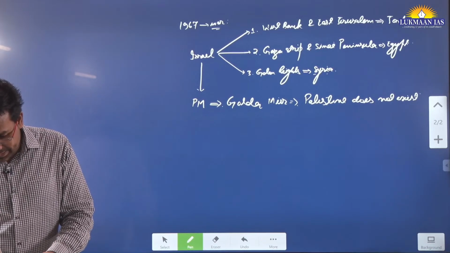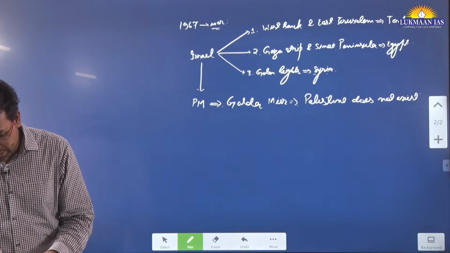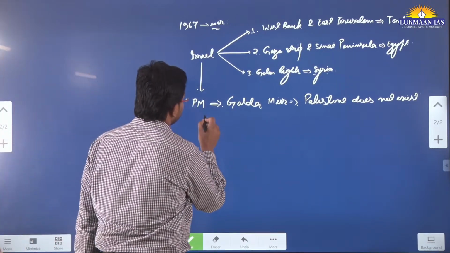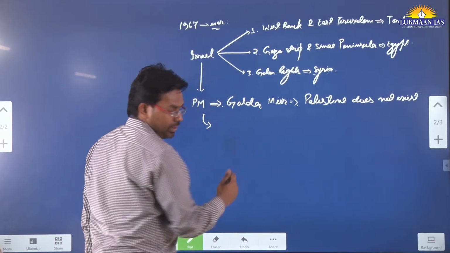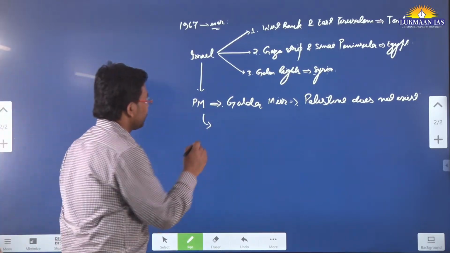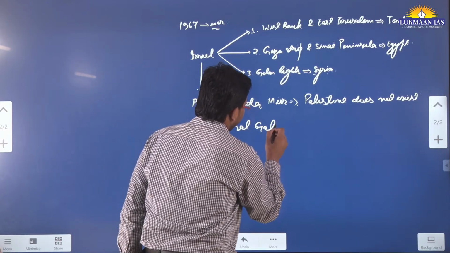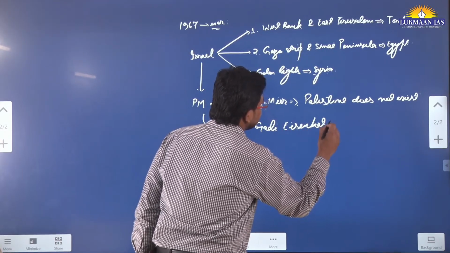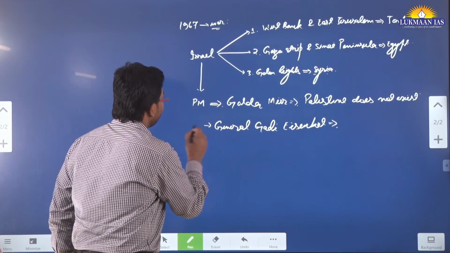Apart from this, there is another person, General Gadi Eisenkot, the Israeli Chief of General Staff. I'll write down his name as it is important. He is an army general, not a prime minister.